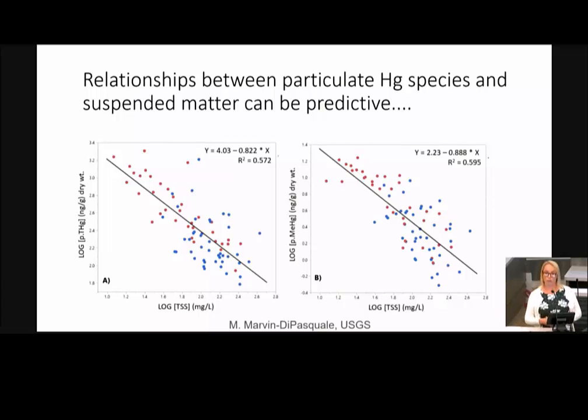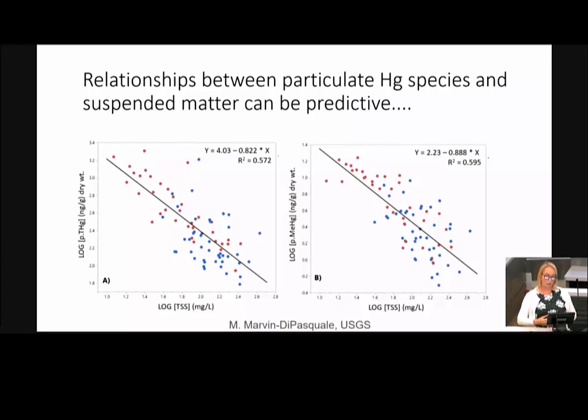This is data, again, taken from that Alviso Slough site, that restoration site in the San Francisco Bay, where the red dots are the upper location in the slough, and the blue dots are the lower location in the slough. These measurements are made across many different days over the course of a year, across different seasons.